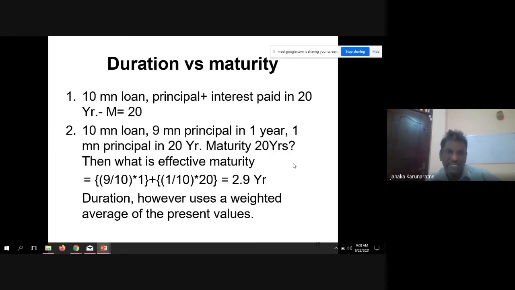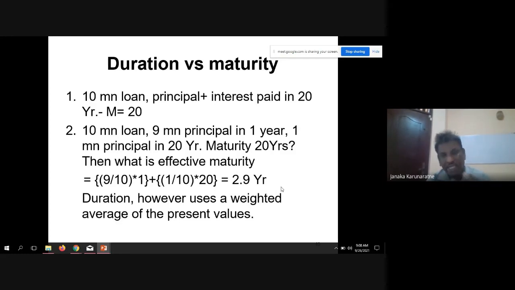Somebody would say maturity is 20 years, but in reality the real maturity is only 2.9 years. This is called the concept of duration. It is not exactly the duration, but for explanation purposes, that is the reference. So maturity is 20 years, duration is only 2.9 years.